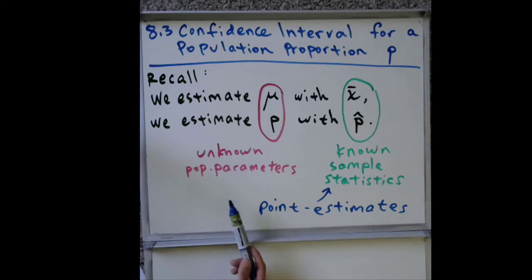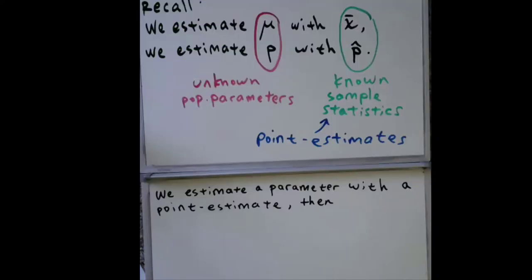And that's in part why we create an interval around these point estimates, so that way we hopefully capture the parameter in the interval. The interval that we put around the point estimate is, you might recall, called the margin of error.